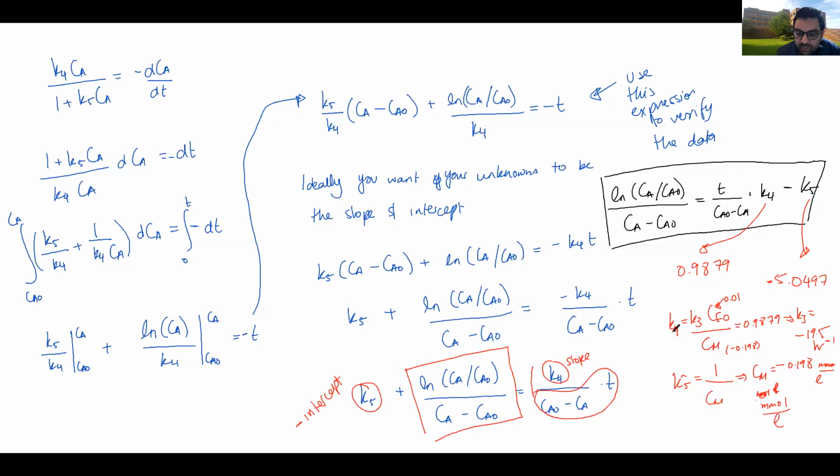And because K4 is in hour minus 1, and this is millimole per liter, this is millimole per liter, they cancel out. So K3 is in hour minus 1, okay? So the final answer for this problem is that, yes, our kinetics are verified, and the two values for the constants, let me save this, and let's do one last slide here, where we write the solution.